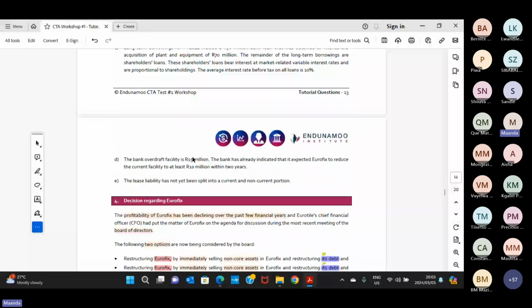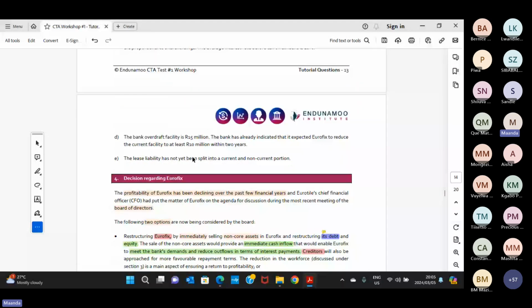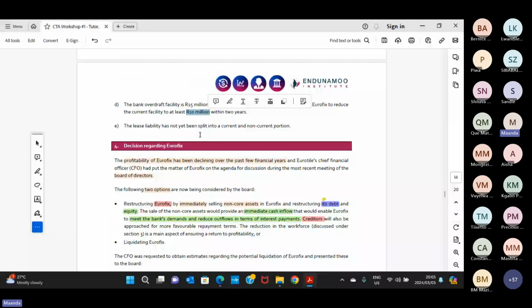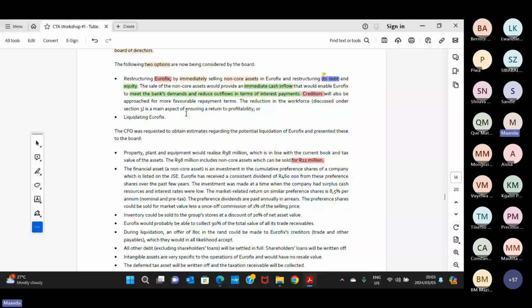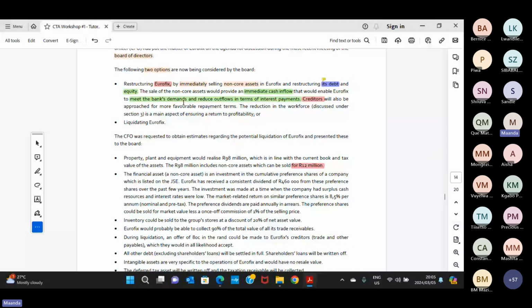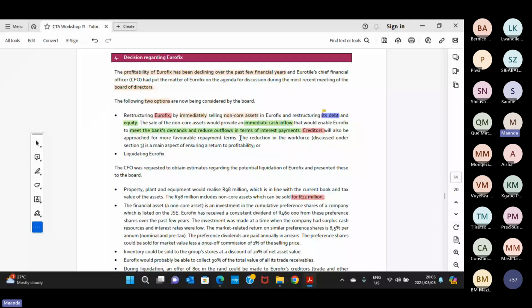Yes, it can reduce it to the 10 million for the next 2 years, but is it going to be enough for us to start getting that profitability and sustaining the company as a whole? So that's something that you need to also consider as well. Then that's the restructuring, right?